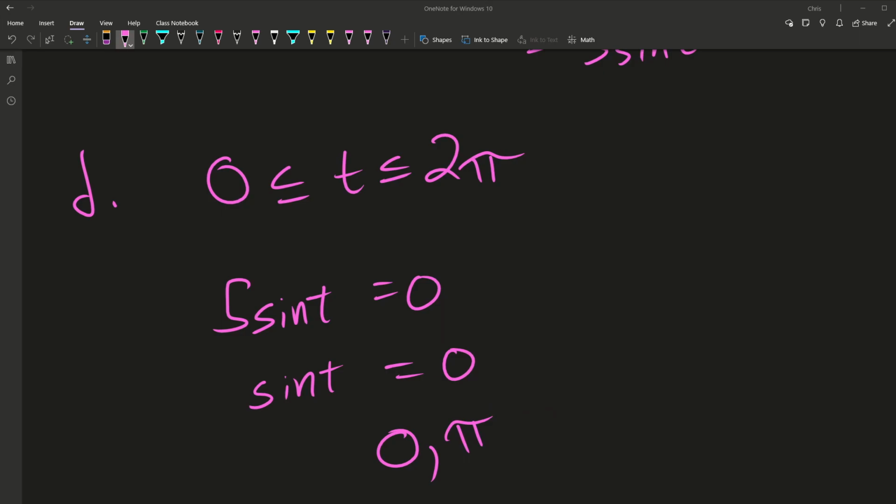Sorry, I had mistakenly written that this is less than or equal to here. We do want this to be just less than on this right hand side. So the times when the velocity is 0 over one period should just be at t equals 0 and t equals pi.